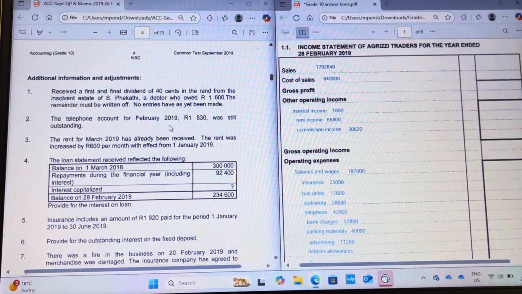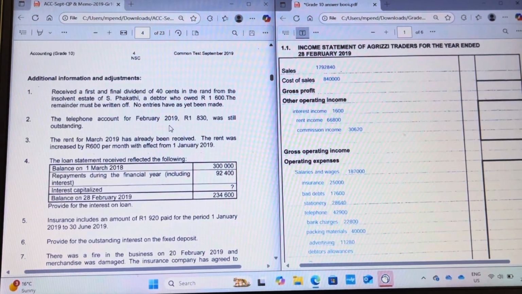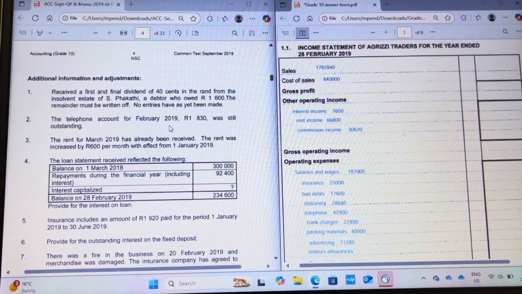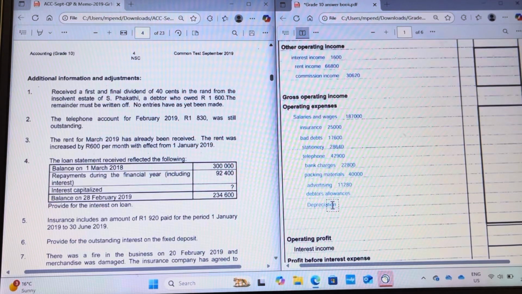So we received 40 cents in the rand on this account of 1,600. That means that 60 cents in the rand of this 1,600 has gone bad. Thus, they're saying the remainder must be written off. Then what does that do? It increases our bad debts. So we have to increase our bad debts by the 60 cents in the rand of this 1,600.